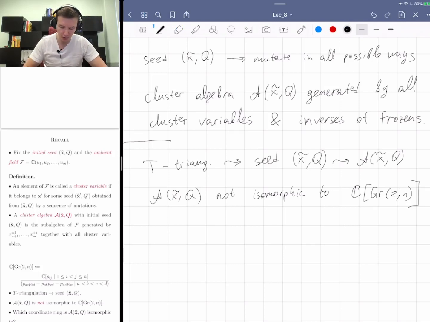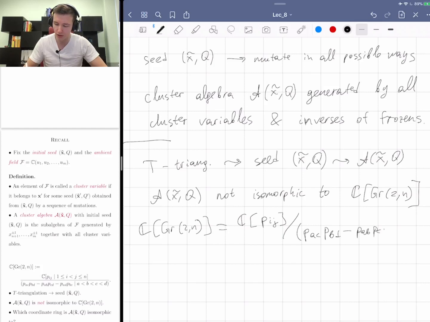And just to remind you, the coordinate ring of the Grassmannian is just you take the polynomial ring in the Plücker coordinates, modulo the Plücker ideal, which for Grassmannian (2,n) is generated by only one type of relations, P_AC P_BD minus P_AB P_CD minus P_AD P_BC.